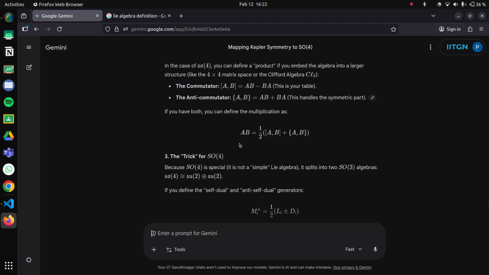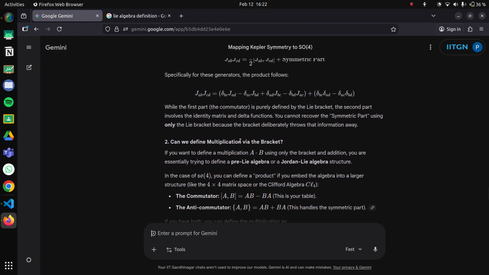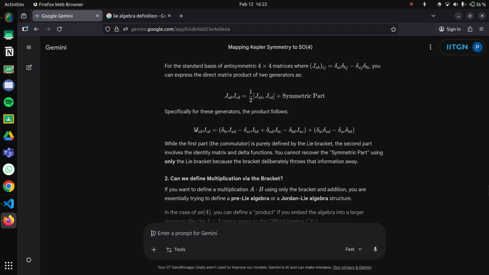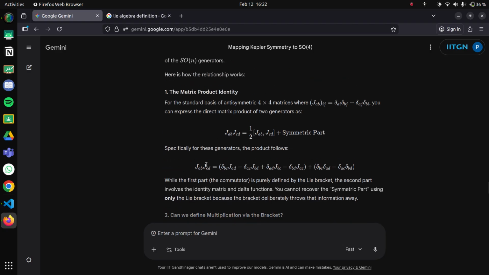What the hell is going on with this? Oh my god. Okay, but here's one thing though. So for this particular algebra, you do have this thing, and that can be really useful, I guess. Just the symmetric part. What the hell is the symmetric part?